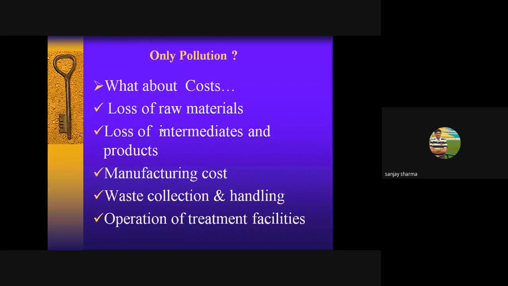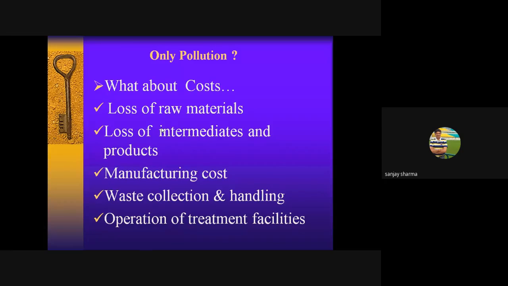Then there is loss of raw material: many raw materials which are not used in the manufacturing become waste. There is loss of intermediates and other products. Waste may be waste to me, but it may not be waste to some other person. So waste is a thing which is at a wrong place. Then there are manufacturing costs, waste collection and handling, and operation of the treatment facility.